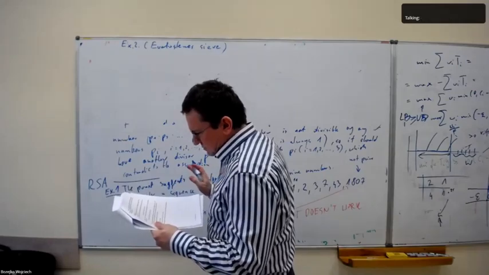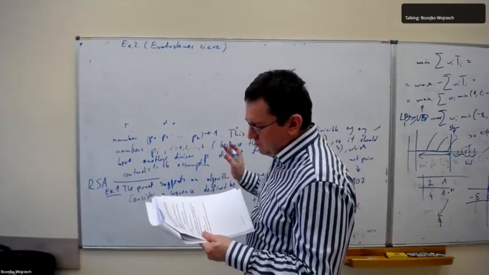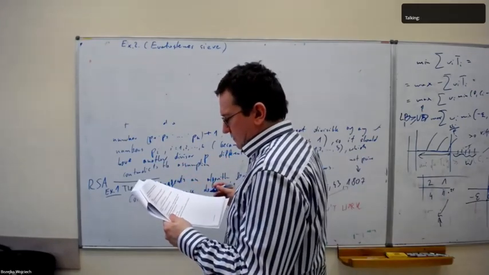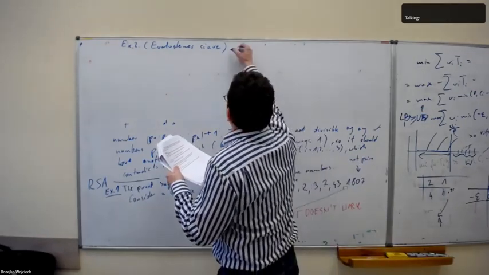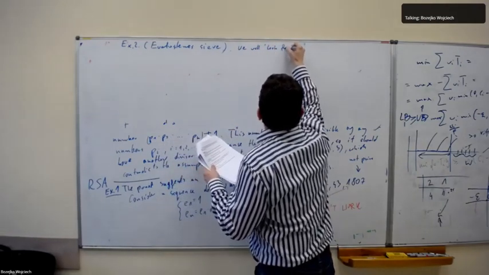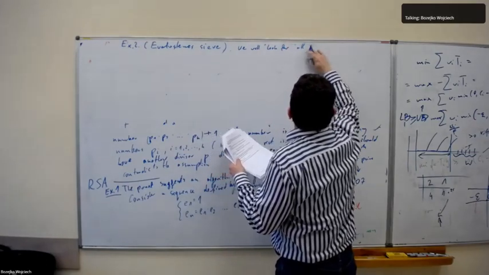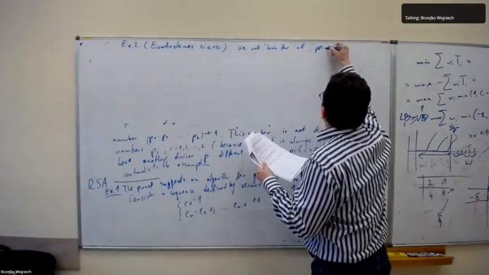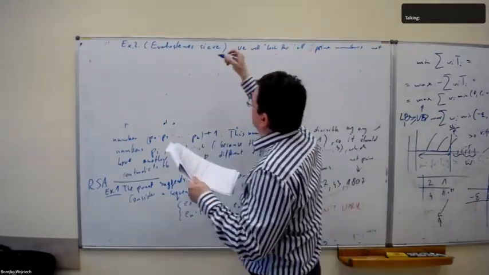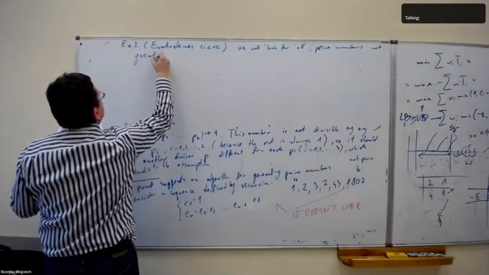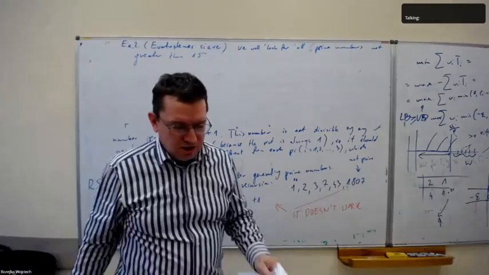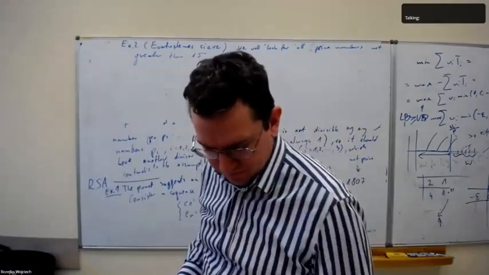This is very effective, but for a finite set. Let us assume that we will look for all prime numbers not greater than 15. So let us write all the numbers from 2 to 15.